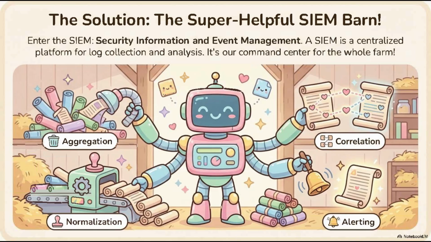SIEM systems perform several core functions: aggregation, which collects logs from multiple sources into one place; normalization, which standardizes log formats; correlation, which links related events across systems; and alerting, which highlights meaningful security events and reduces noise.